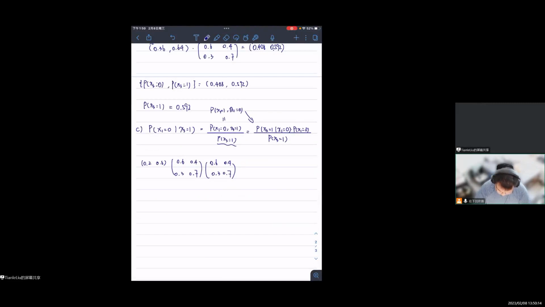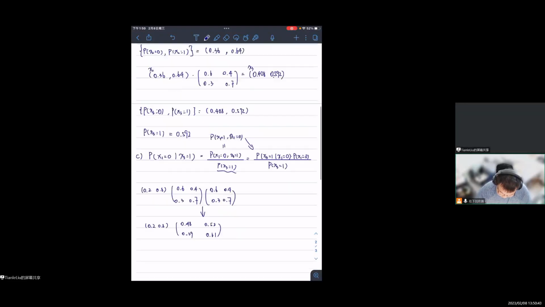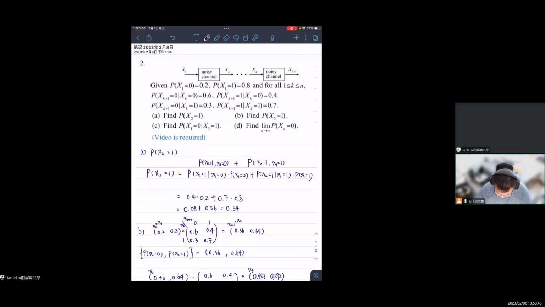Okay, so this one will be a matrix of 0.48, 0.52, 0.39, 0.61. Okay, that's it. So now we have the input of the x1 and we have the output of the x3. So this is the conditional probability list of just like the xk plus 1 and xk, but it is actually the xk plus 2 and xk.